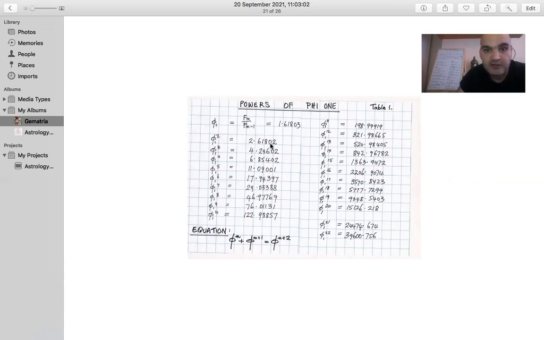So 2.61802 plus 4.23602 equals 6.85402. You can see there's a pattern developing just like the Fibonacci sequence. And the 18th power of phi will be relevant when we get to speaking about the number 9 and the words that relate to the number 9.